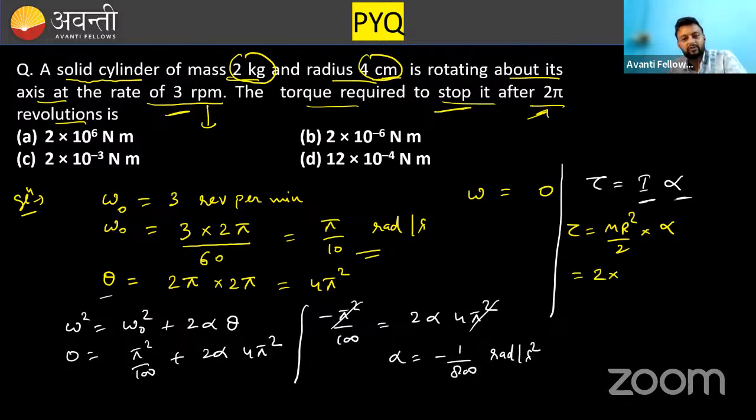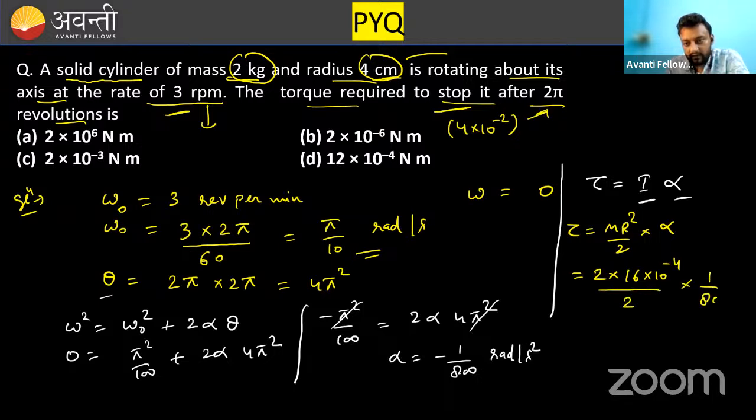Radius is 4 centimeter, converted into meter it becomes 4 into 10 raised to power minus 2. If I square it, it will become 16 into 10 raised to the power minus 4, divided by 2, into alpha, which is 1 by 800.